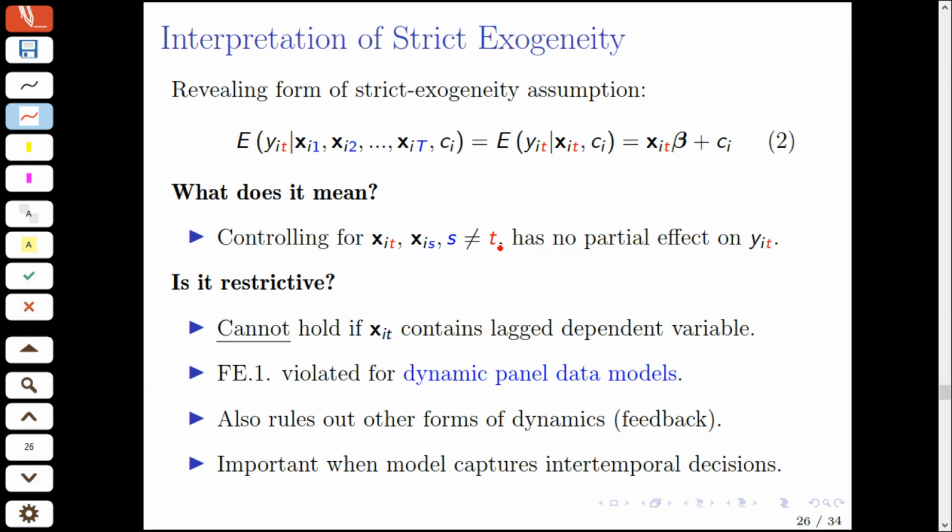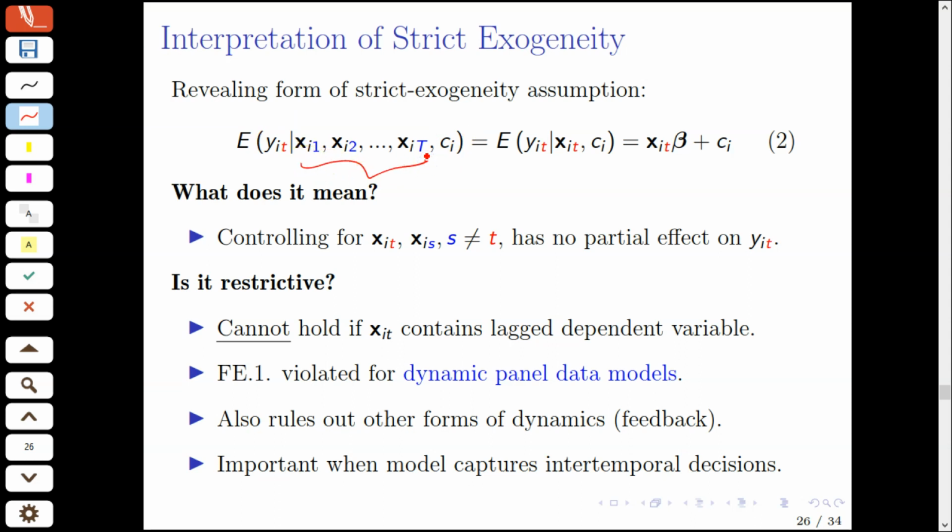So let's spend a moment thinking about the interpretation of strict exogeneity. Going from our original linear expression and invoking our strict exogeneity assumption on the unobservables, that is the u_it's, we can write the conditional mean of y in period t, conditioning on not only the individual effect, but also the regressors in all time periods.